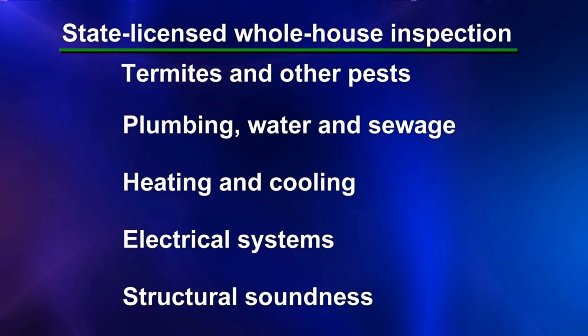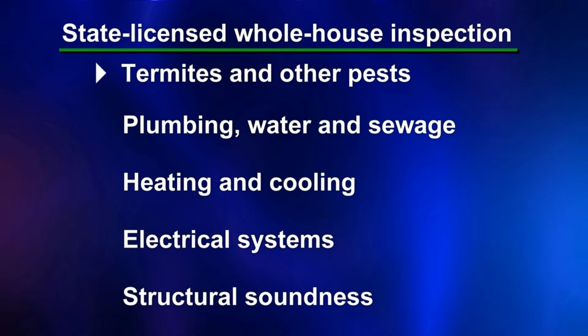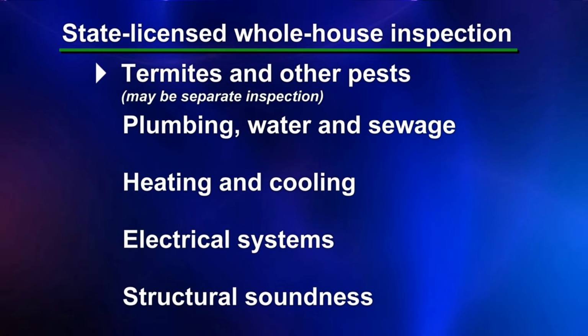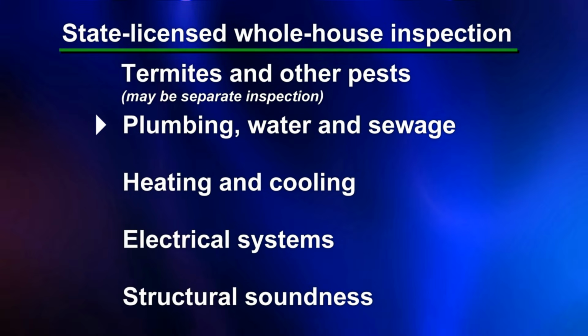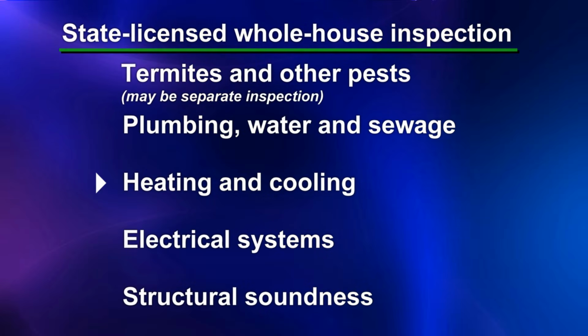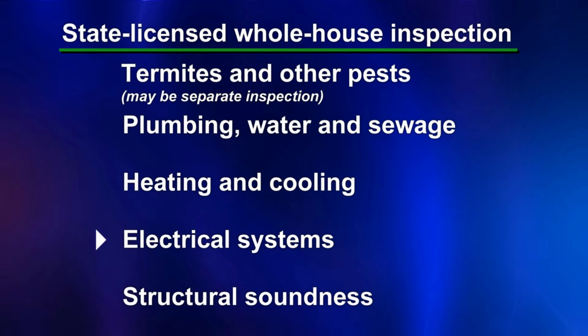The inspector will perform a whole house inspection and certify that the dwelling meets the agency standards with respect to termites and other pests. This may be separate from the whole house inspection. Plumbing, water and sewage, heating and cooling, electrical systems, and structural soundness.